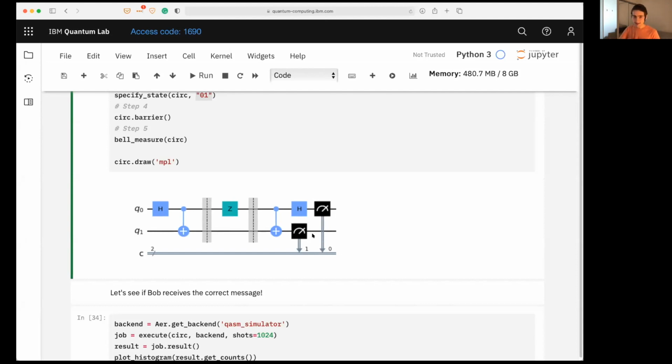The state remains entangled throughout. So to the question, can entanglement be broken by superdense coding? The whole point is that it's not. If our protocol somehow broke the entanglement, this would no longer be possible. The magic of superdense coding rests on the fact that these two qubits are entangled for the whole process.